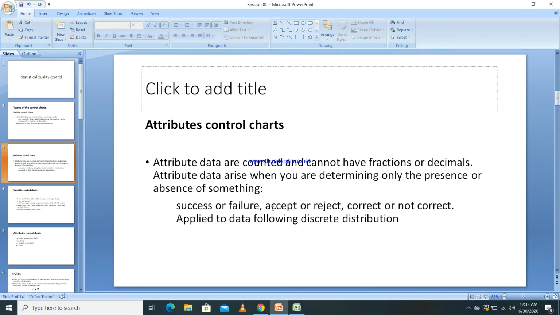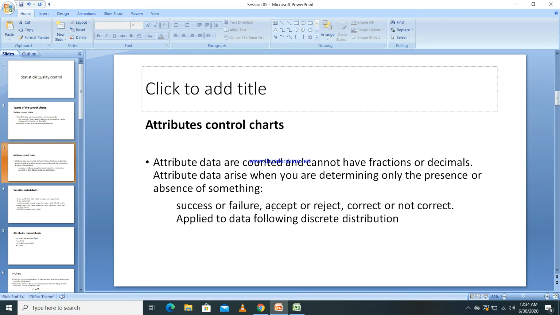That is, we are concerned about nominal categories, how many things are present. For example, you are checking the number of successes and failures, or acceptance or rejection, correct or not correct, like that.